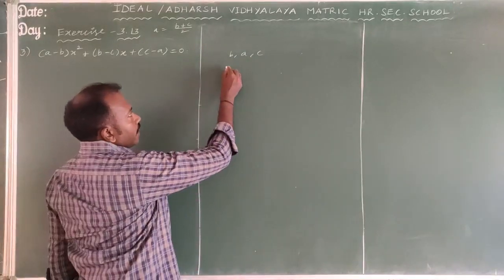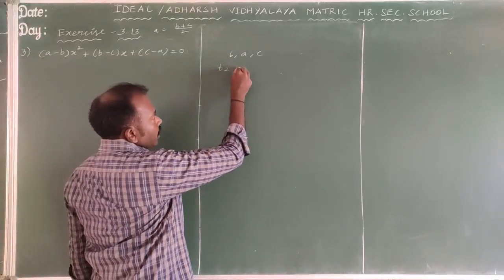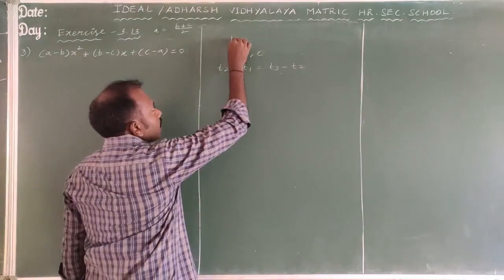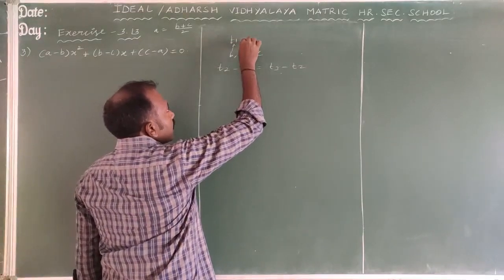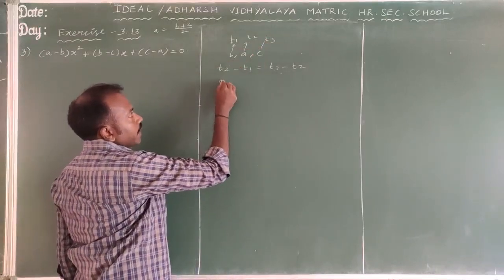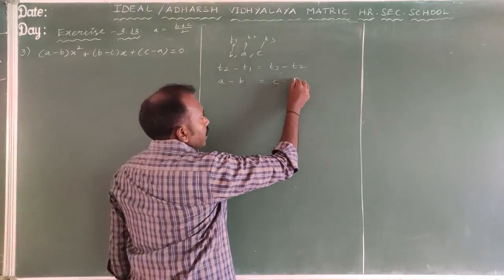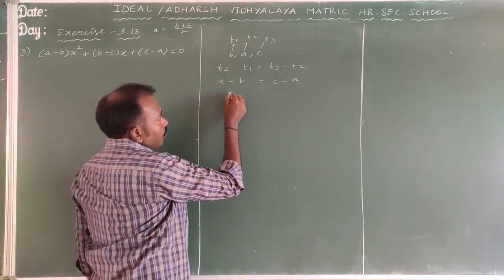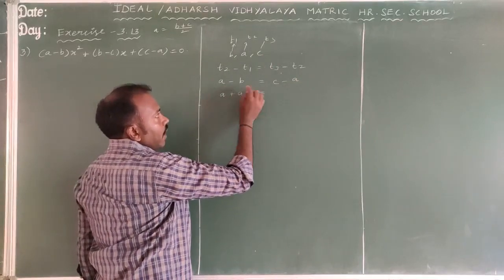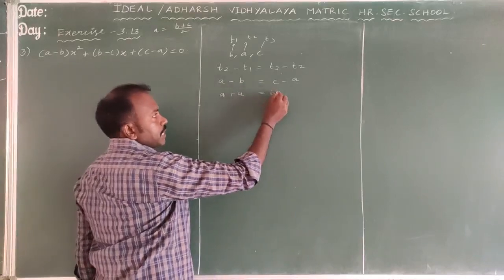So for an AP, the common differences must be equal. That is t2 minus t1 is equal to t3 minus t2. Here b is t1, a is t2, then c is t3. So t2 minus t1, a minus b, is equal to t3 minus t2, c minus a. Then plus a shifts to the left hand side, and minus b shifts to the right hand side, plus b.